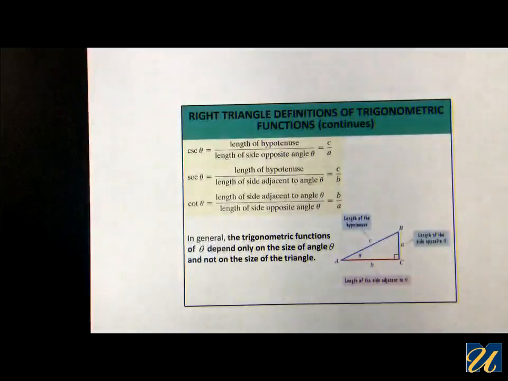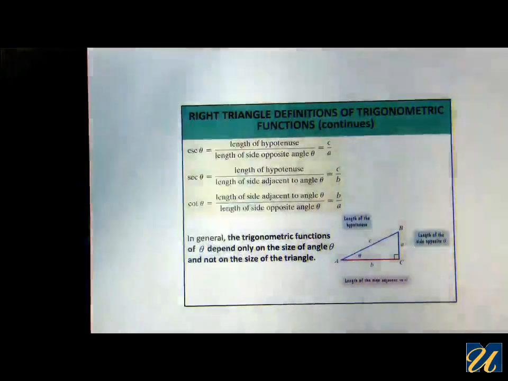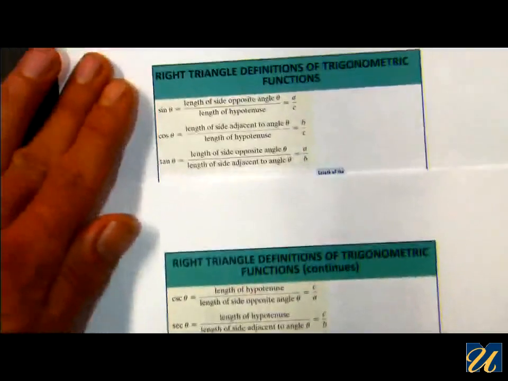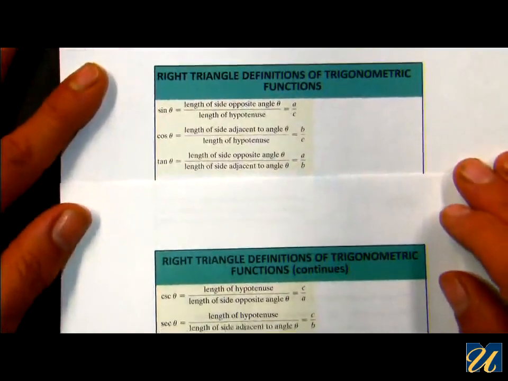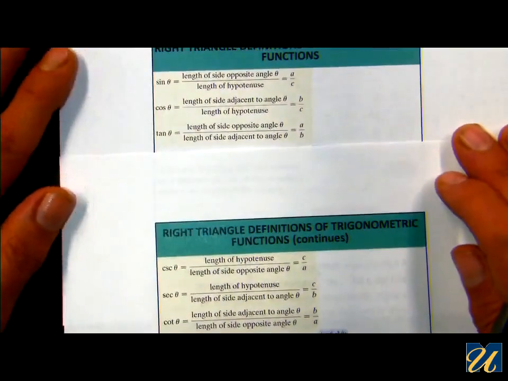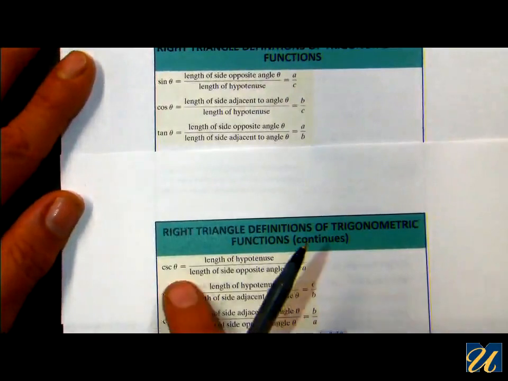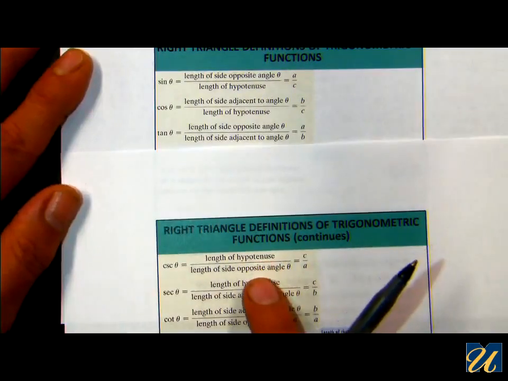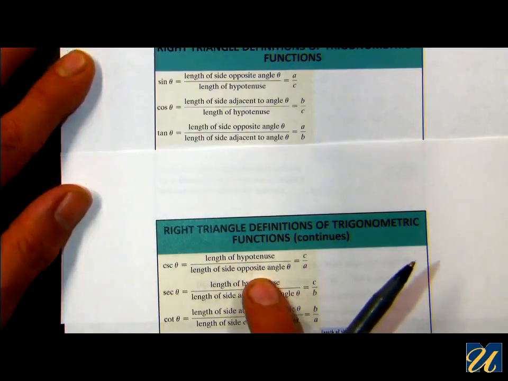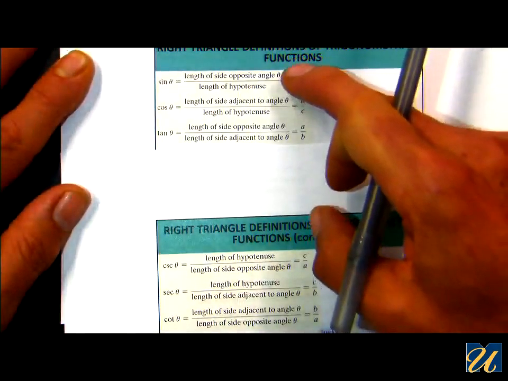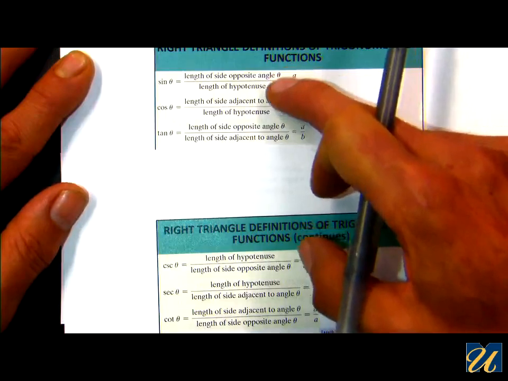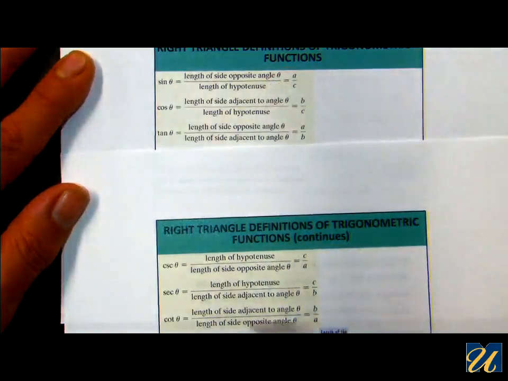Okay, the remaining 3 trig functions are defined here. These are reciprocals of the first 3 trig functions, so I'll try to put both on the same page here. So we have the cosecant, hypotenuse divided by the opposite, and that is the reciprocal of the sine, which is the opposite over the hypotenuse. The secant is the hypotenuse divided by the adjacent.